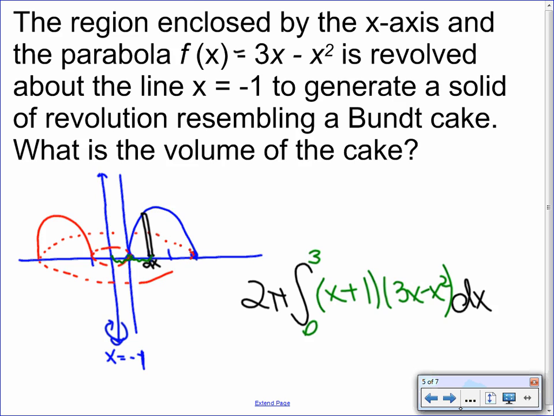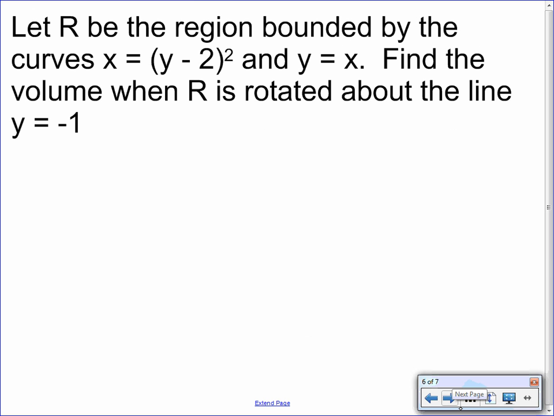Another one. Okay. So x equals y minus 2 squared.